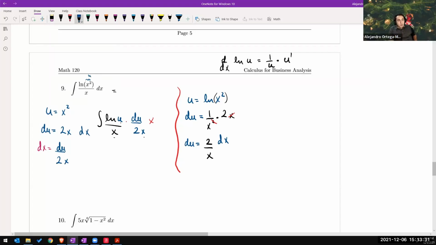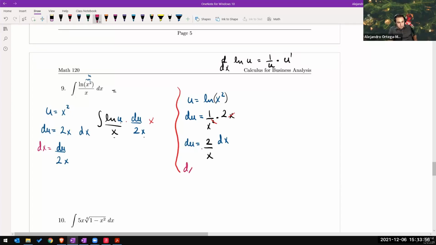Now we tried the x squared, but right now we're trying the ln of x squared. So when we said that the x squared was our u, it didn't quite work. So I'm going to see if I try a different u, will it work? And it kind of looks like it might work. Because once I took the derivative of the ln of x squared, we got this.